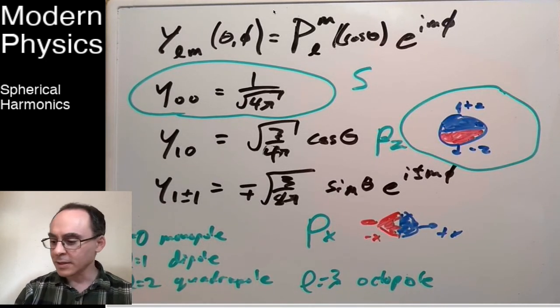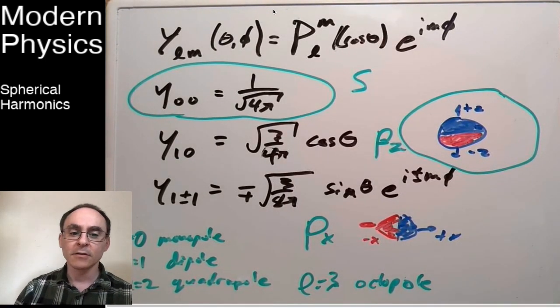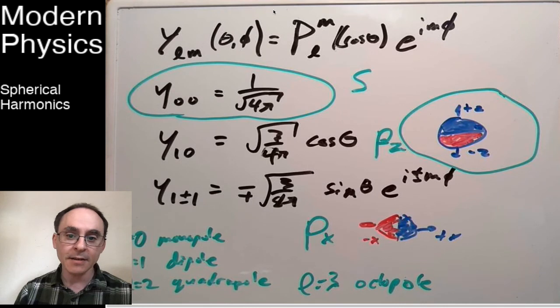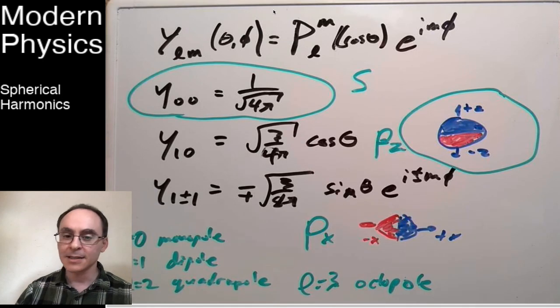That's an idea you'll come back to more formally in some later courses. But this idea that you can express some function as a superposition of sine waves is very powerful. Similarly, if you have a function on, say, a line, a function of x, you can do a series expansion and look at it as a sum of sine waves.